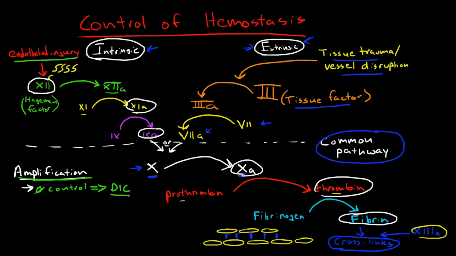What you end up with is clotting all over the body and microvasculature. So you end up with emboli and thrombi all over the body. And then clotting factors are completely used up, and then you end up with bleeding because you've exhausted all clotting factors.